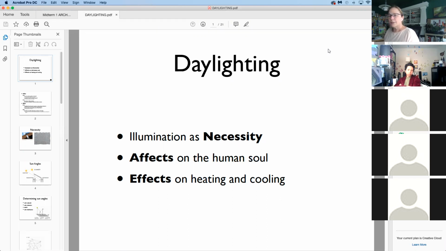And that's what we do as architects: we look at the design, we look at the problem, we propose solutions, we hopefully educate our clients and give them more than they're initially asking for. And so I think the effect of daylighting on the human soul is the most beneficial part of daylighting that we have access to.